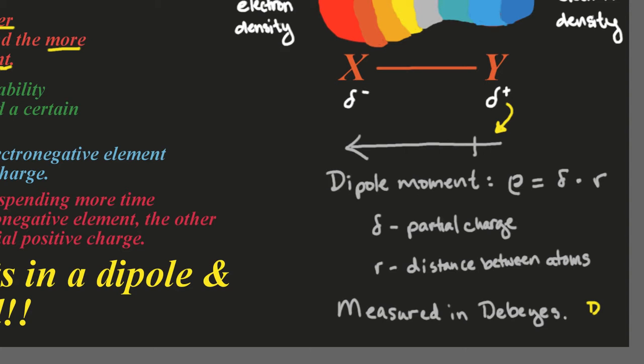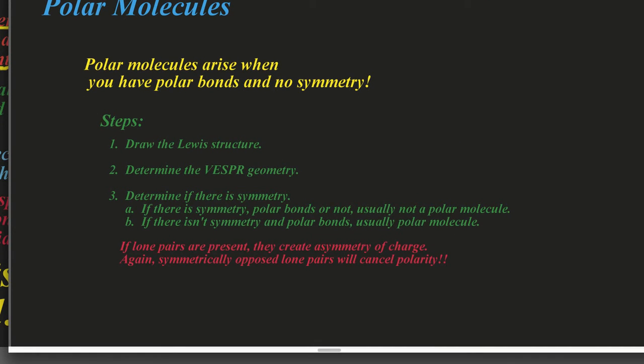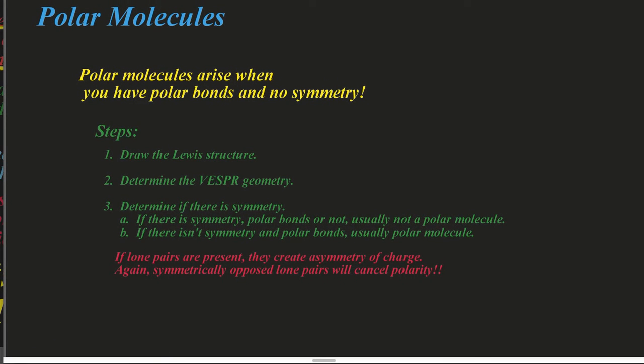All right, so polar molecules. Well, the main thing with polar molecules is that you get polar molecules whenever you have polar bonds and no symmetry. Or you could have lone pairs and no symmetry. Okay?